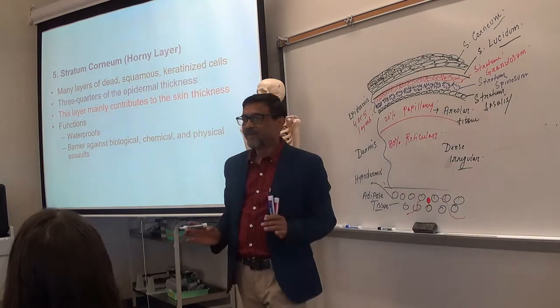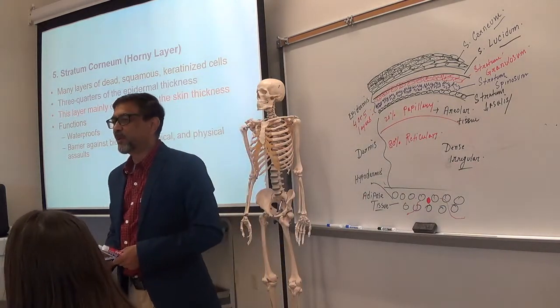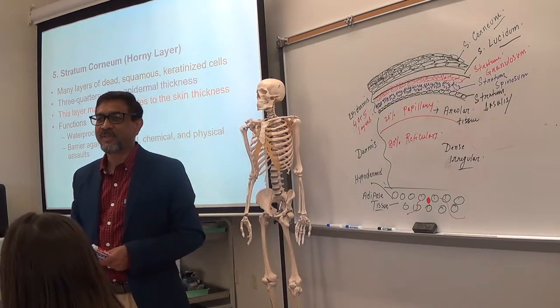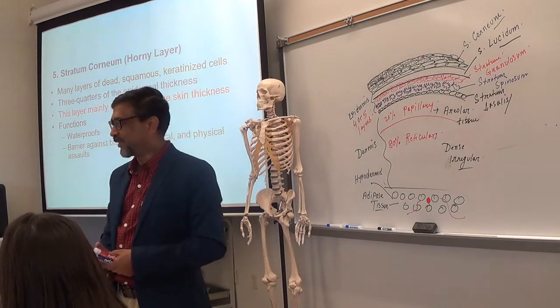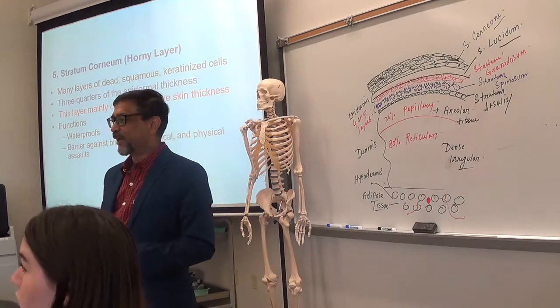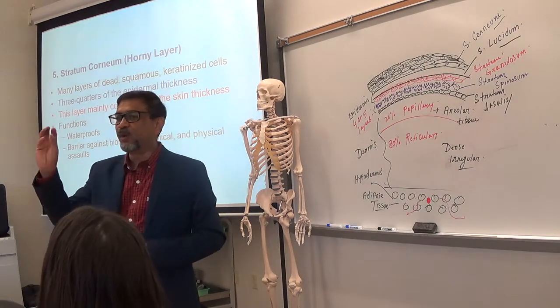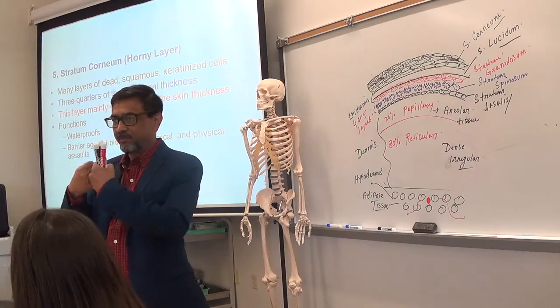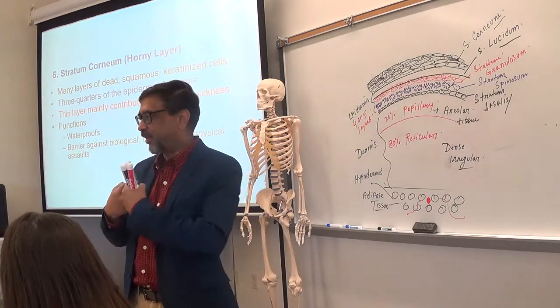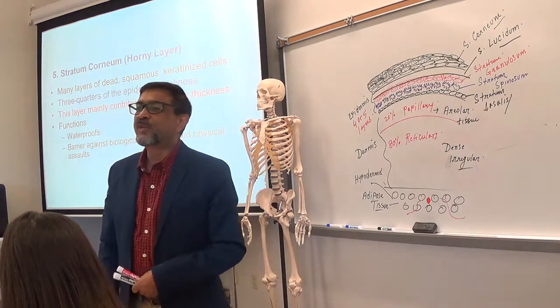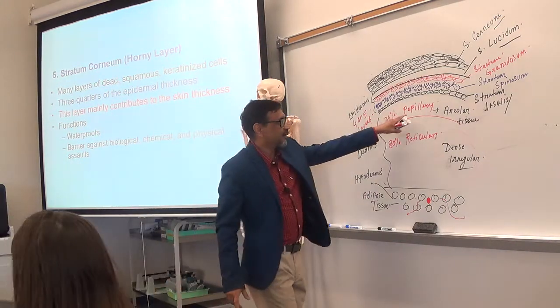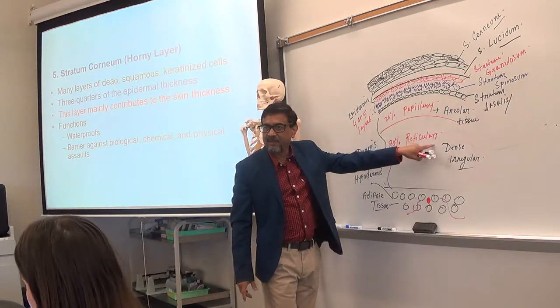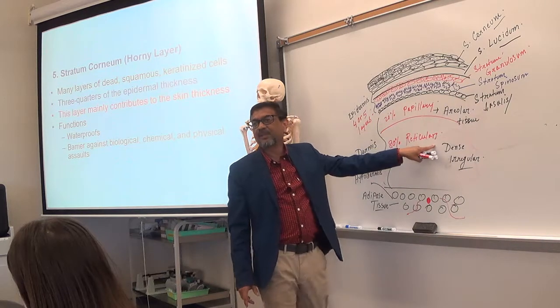Make sense? Do you remember areolar and dense irregular? You should. So areolar is loose, and dense is tight and strong. So loose areolar is the papillary layer and dense irregular is the reticular layer.